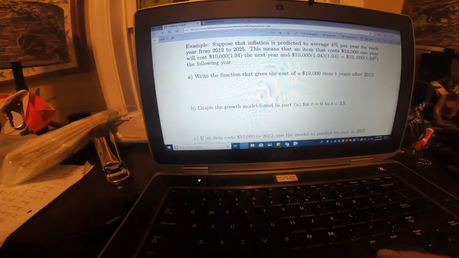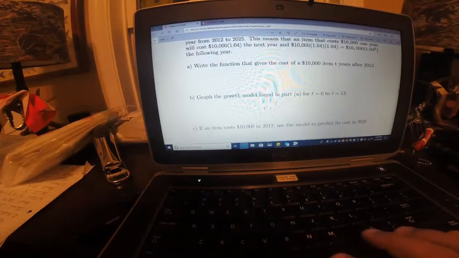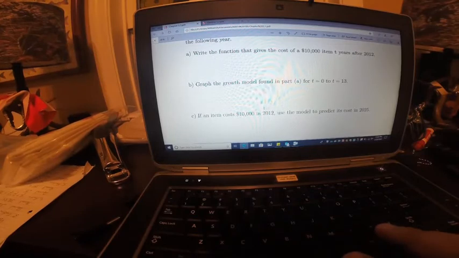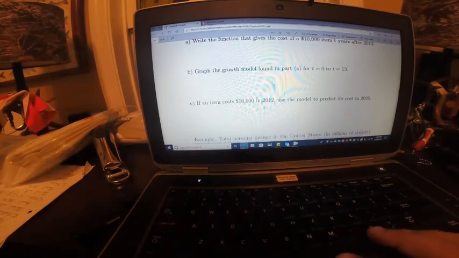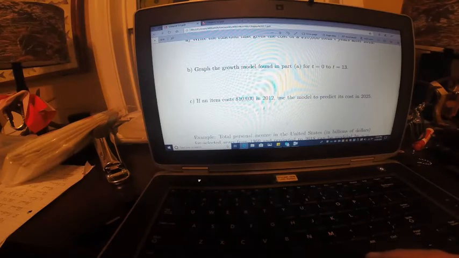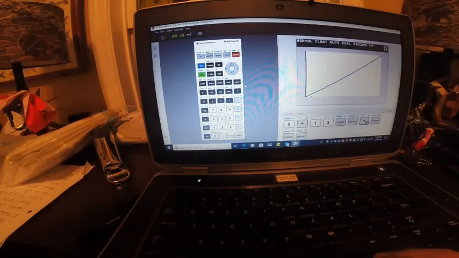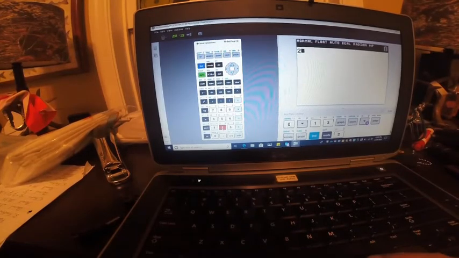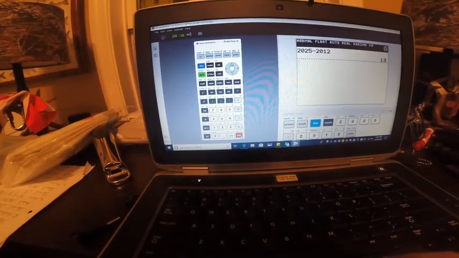Now, what we need to do now is answer part C. It says if an item costs $10,000 in 2012, use the model to predict its cost in 2025. How many years after 2012 is the year 2025? Let's use our calculator. No need to take this to the board. 2025 minus 2012 gives us 13.